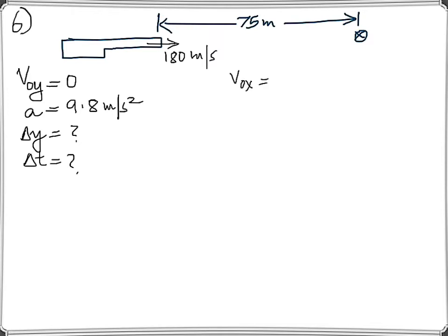So looking at the horizontal component, it is the entire 180 meters per second. Delta x is 75, and we can find the time using this equation.